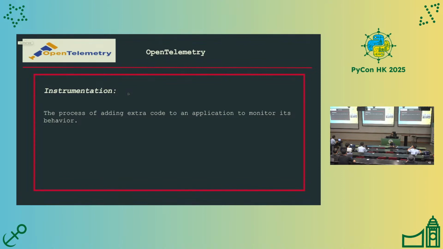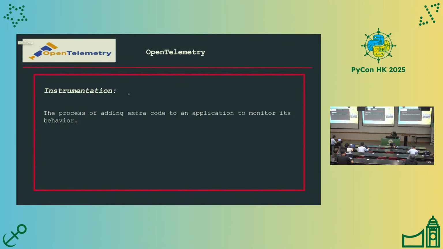Now there are different types of instrumentation: manual instrumentation, automatic instrumentation, and programmatic instrumentation. Manual instrumentation is what we'll be covering in this workshop. We'll be adding code snippets to observe our system. This will be very different from the Python logic that we have. This will be purely related to observing how a system is working, what API is taking what time, what is the response code, did it meet with an exception or not.